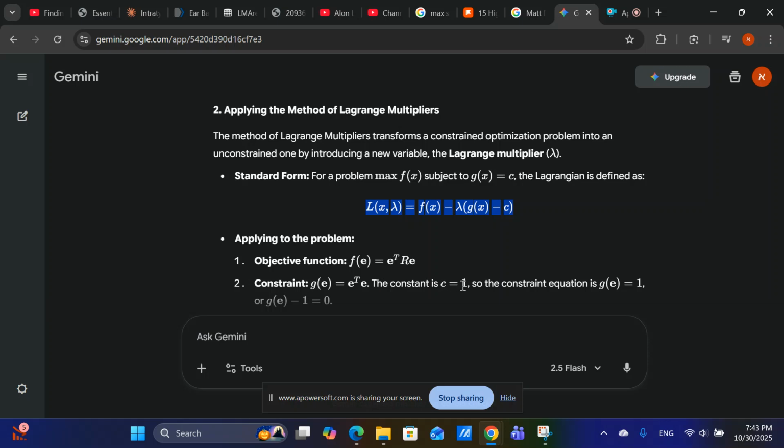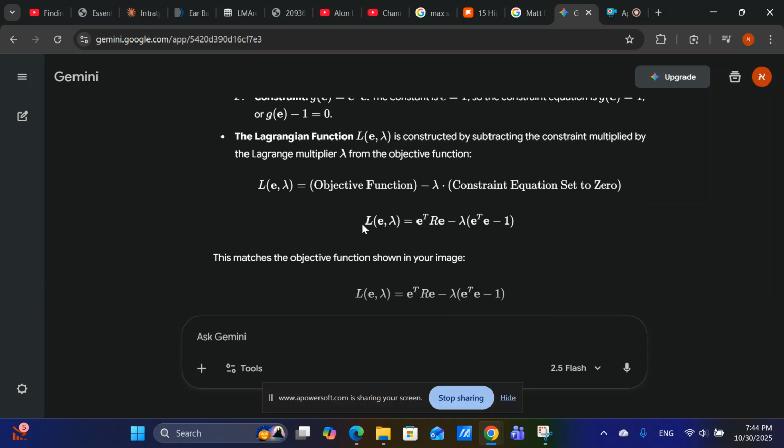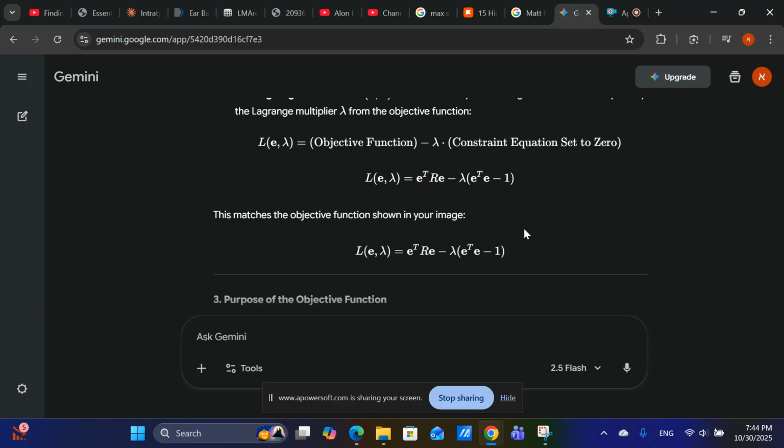The constraint is C equals 1. Therefore, the Lagrange multiplier function is the objective function minus lambda times the constraint equation set to 0, because I took 1 to the other side and got the constraint equation set to 0. This is the Lagrangian function.